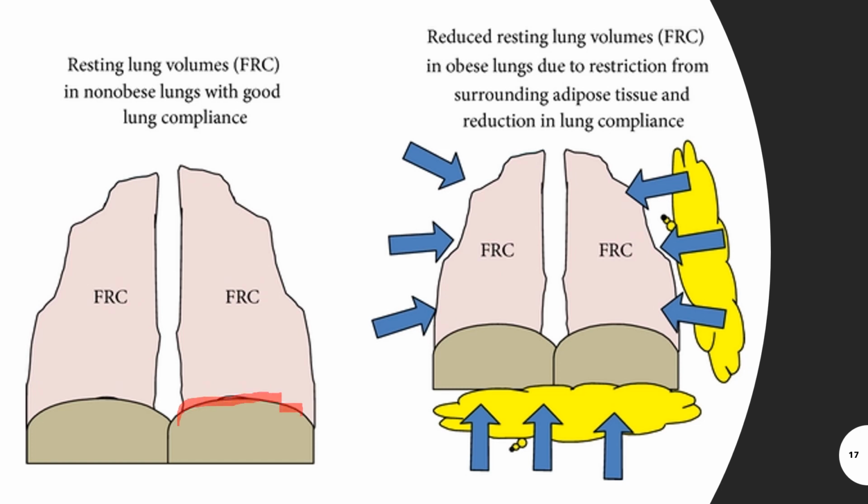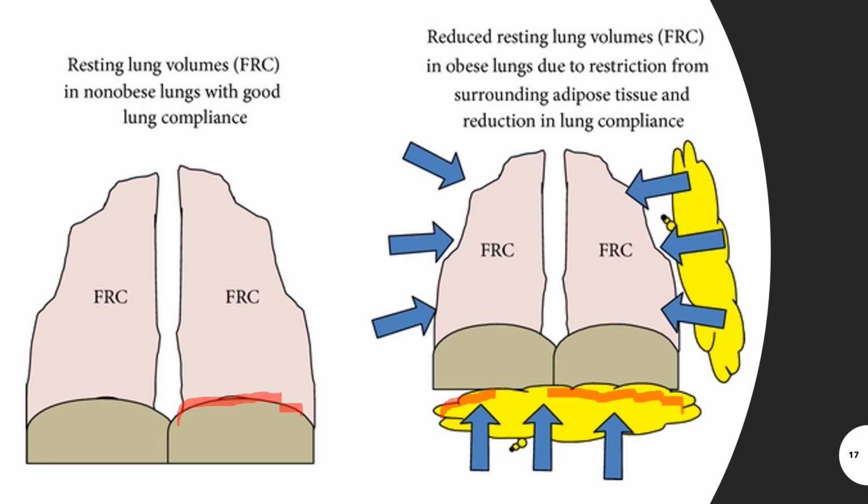So when you ventilate someone like this, it's pretty straightforward. It's everything you learned in school. Now, the difference is when you ventilate someone who is morbidly obese, they have a lot of adipose tissue right here underneath the diaphragm, which actually pushes up on the diaphragm, which reduces the functional residual capacity.